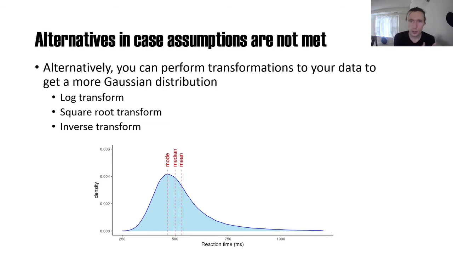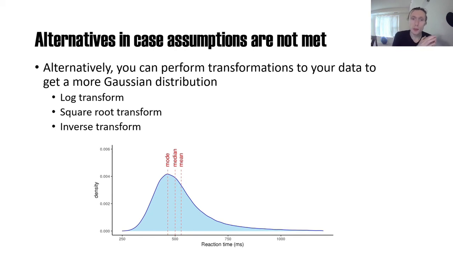So you could take one of those other tests, but you can also transform your data. For example, you can take each reaction time score and take a log transform, so basically take the logarithm of each score. What that will do is, because the log follows a certain curve, the change in values if you do a log transform is different the higher a value is.